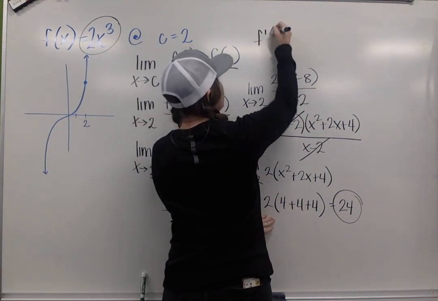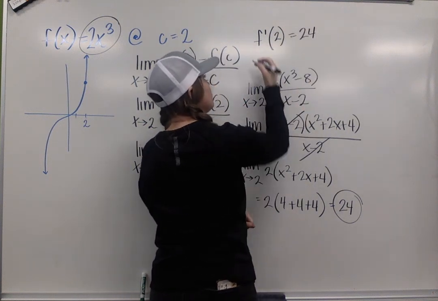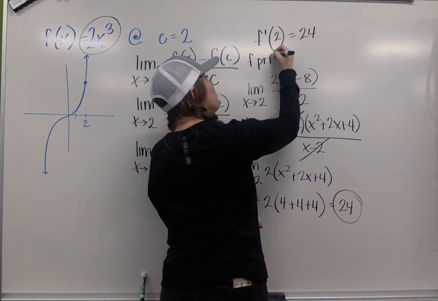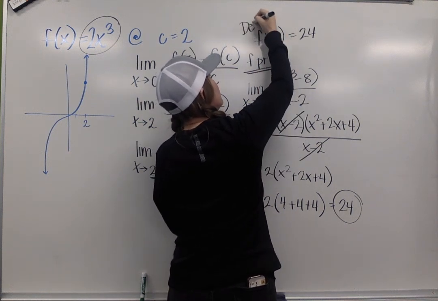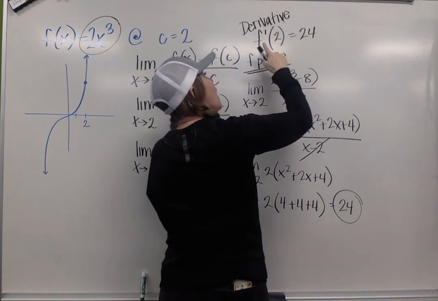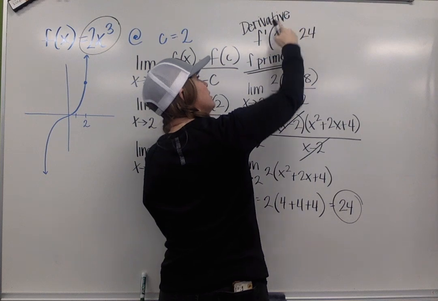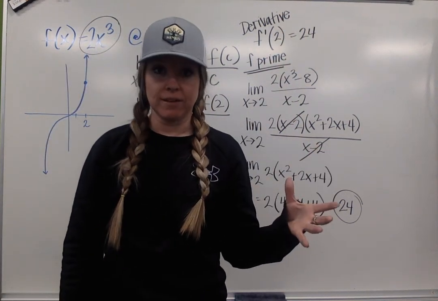I could write f prime of 2 equals 24. Again, this is f prime. That is another way to show this is the derivative of the function f at the point 2. F prime is derivative.